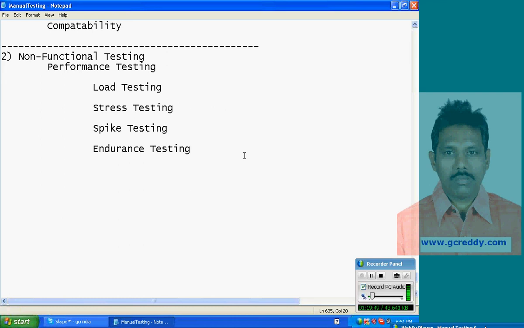Example, login operation for 1,000 users. See, differentiate load testing and endurance testing. Login operation for 1,000 users. Suppose the login operation takes 7 seconds. Just one iteration, then we can measure the load.